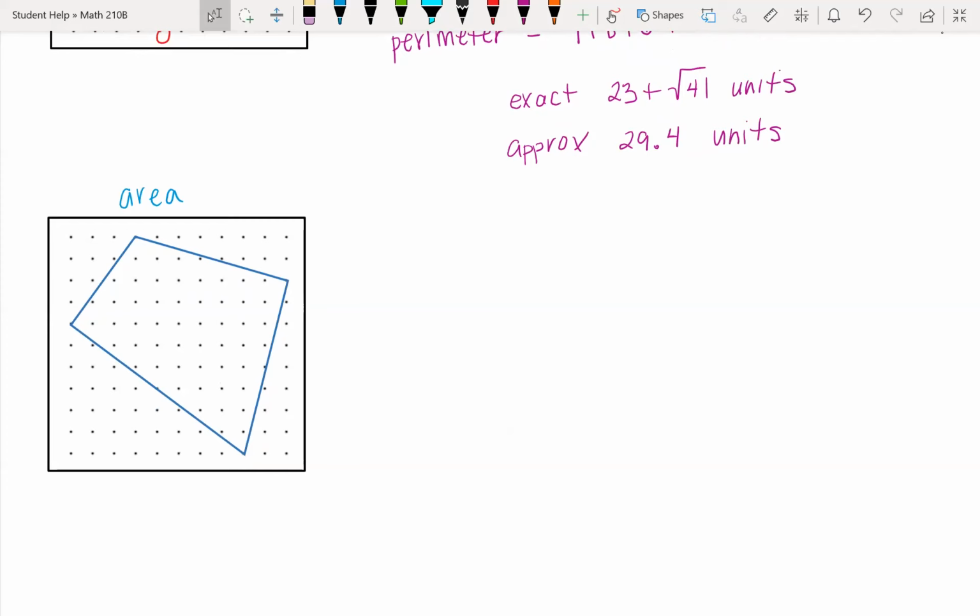So I intentionally made the area of the geoboard to be 10 by 10. So the total geoboard is 100.